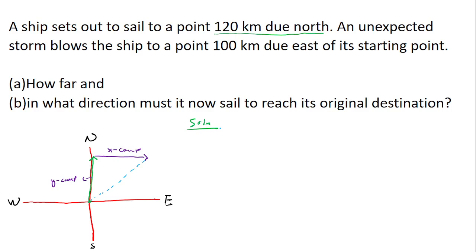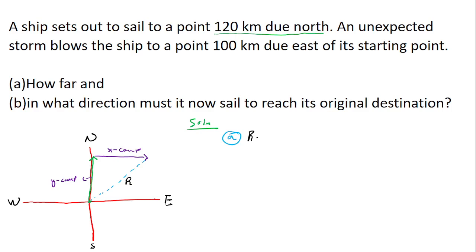Okay, so let's start with A. They are telling us to find how far this guy went, and I remember from our lecture class I gave you the formula to find the resultant.